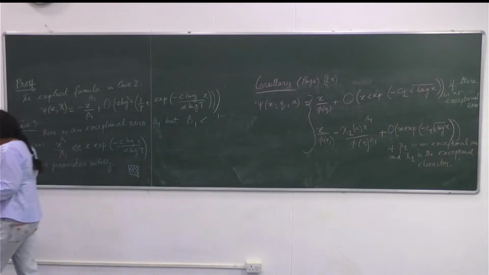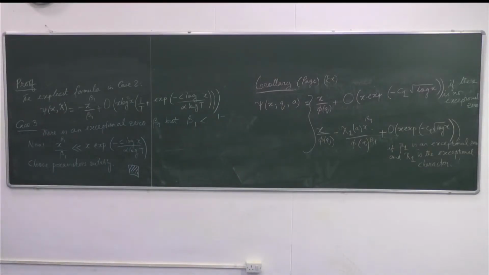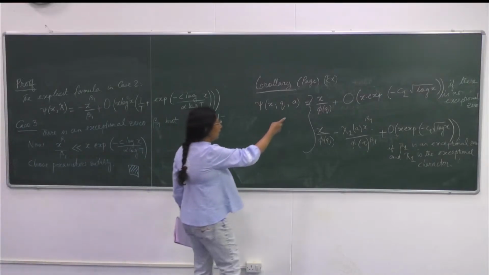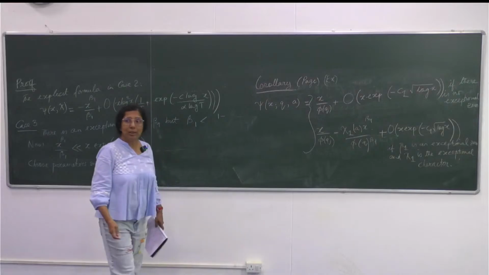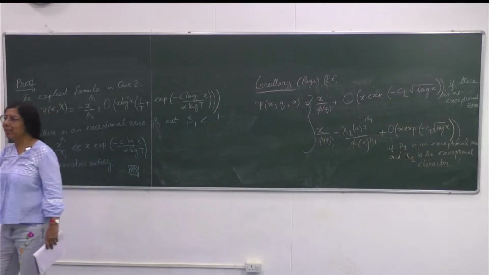However, we can discuss the question. So this one, you see, the first part, the pink part, there's no problem. The second part, when beta 1 is an exceptional zero and chi1 is the exceptional character, this term containing the beta 1, you want this to be really a main term.